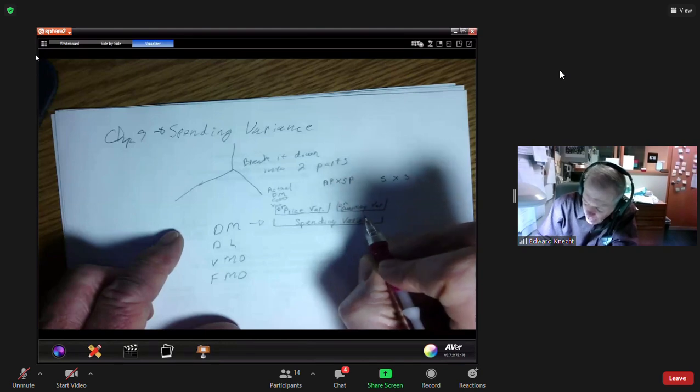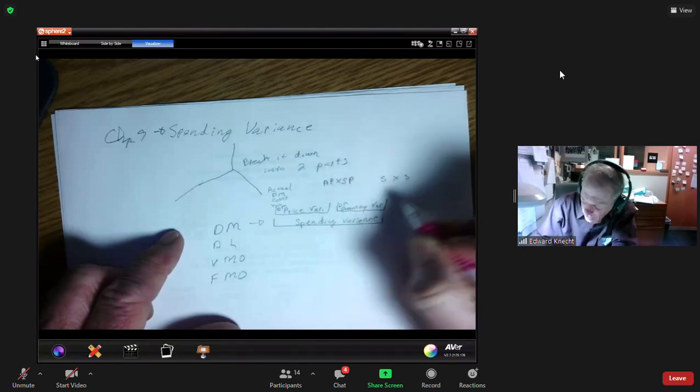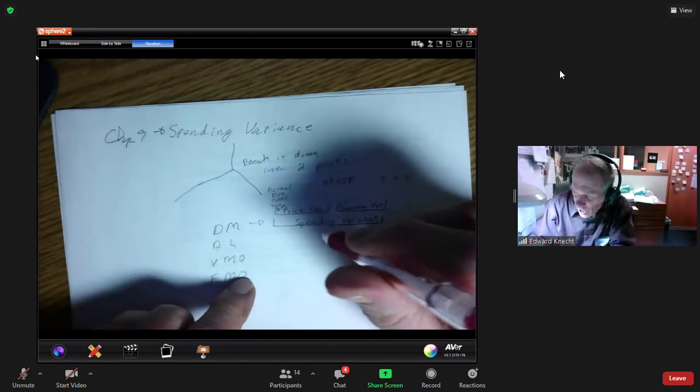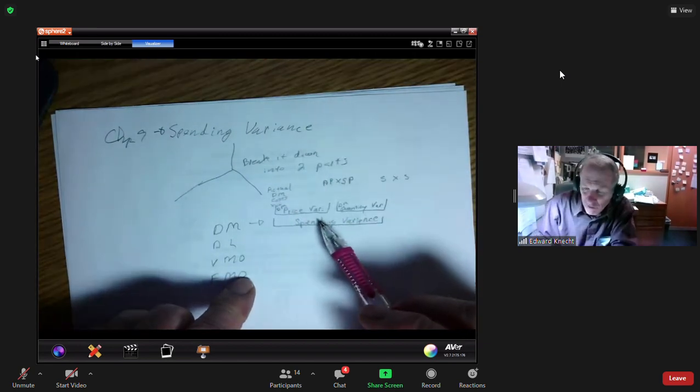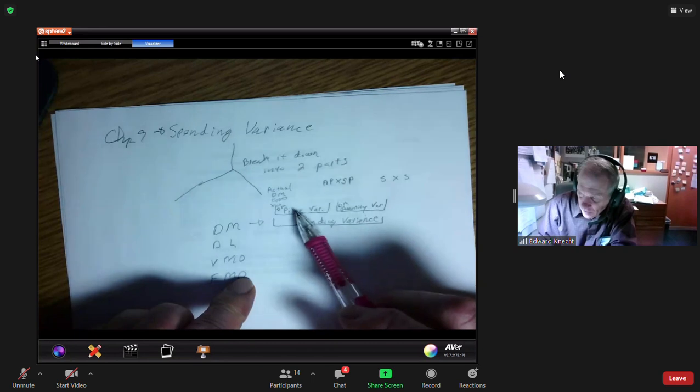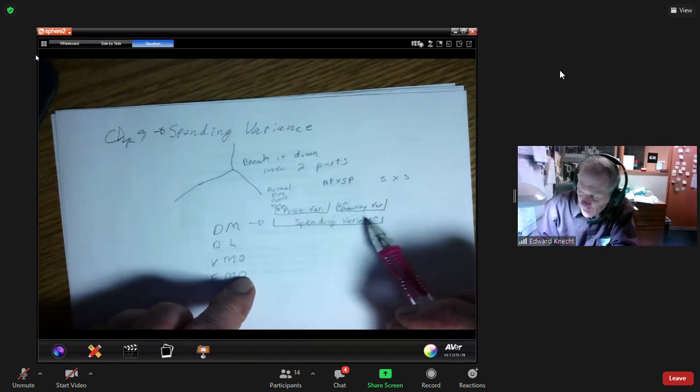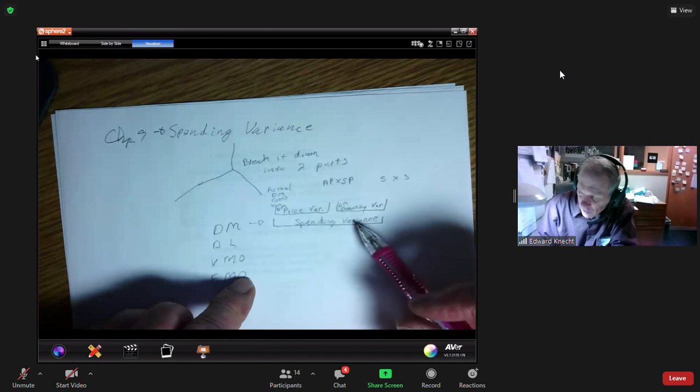So in chapter 9, we figured out the spending variance, but in chapter 10, we're going to break the spending variance down. For direct materials, it's called direct material price variance and direct material quantity variance.